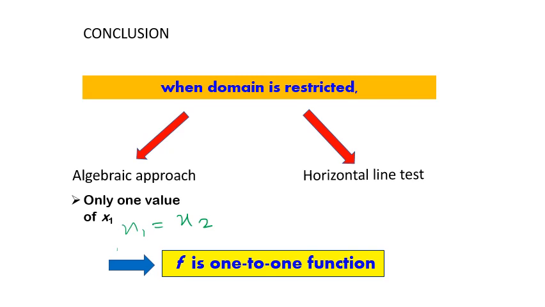And if you're using the horizontal line test method, we will get only one intersection point on the graph. Therefore, in both cases, we can conclude that f is a one-to-one function. So this is for restricted domain. So that's the end of this video.